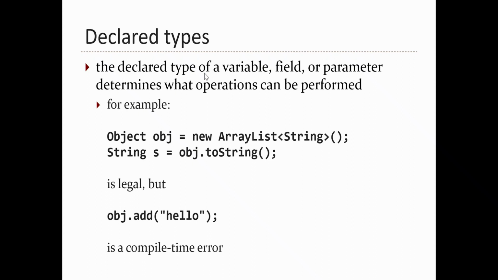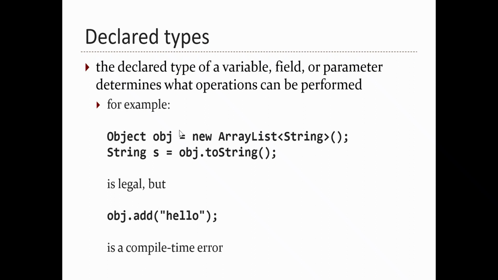So the declared type of a variable or field or parameter determines what operations you can perform. Here I have obj, and its declared type is Object. So the compiler is going to check, when I use the name obj, whether I'm using methods that are defined in big O Object.